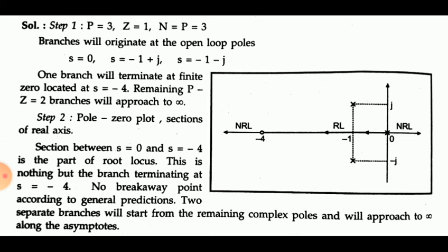Now plot the poles, then draw NRL, that is points not on the root locus, then RL, that is root locus. Draw this, and by using general prediction, see the breakaway point. So no breakaway point according to general prediction.